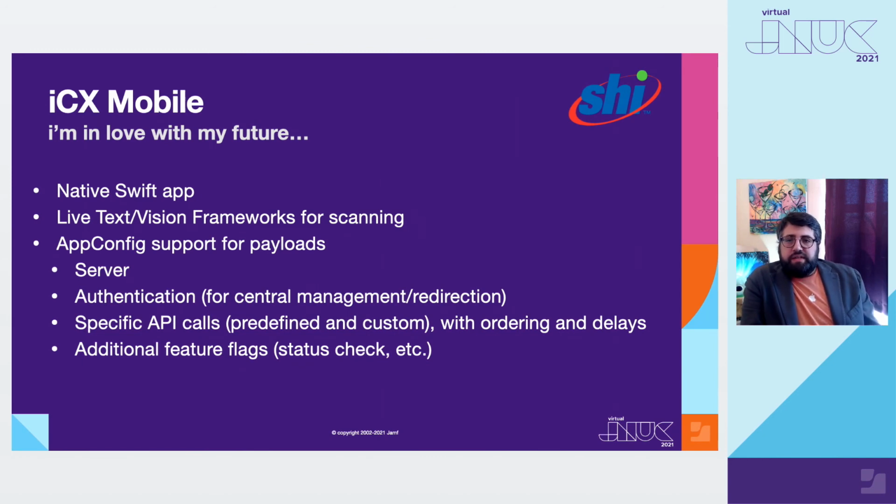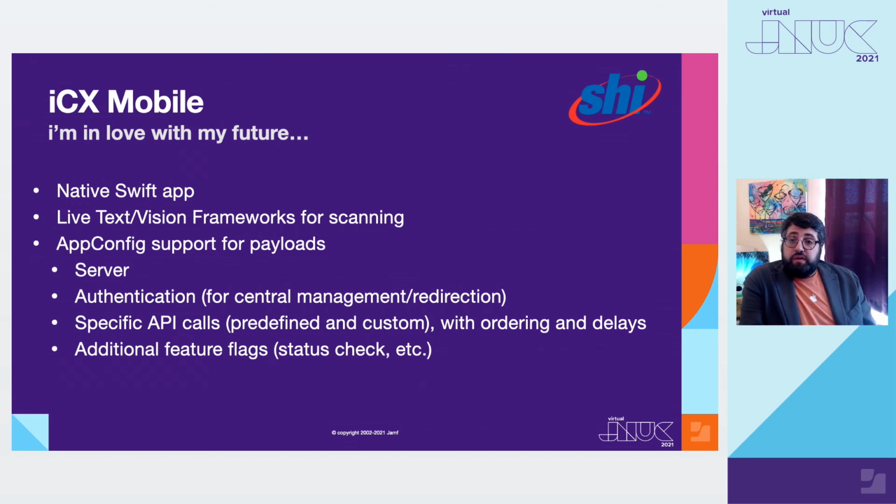So that's really where ICX Mobile has conceptually turned into a native iOS, iPadOS, and by proxy macOS app, which can take advantage of Live Text. We want it to take advantage of Vision framework as well to get that barcode scanning, and App Config support too for those payloads.